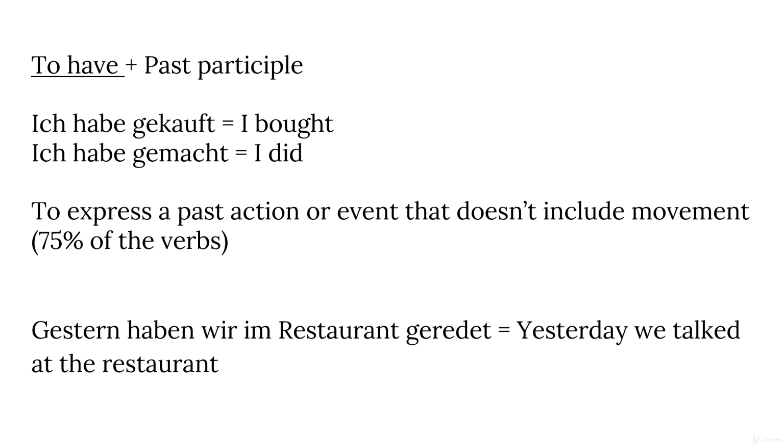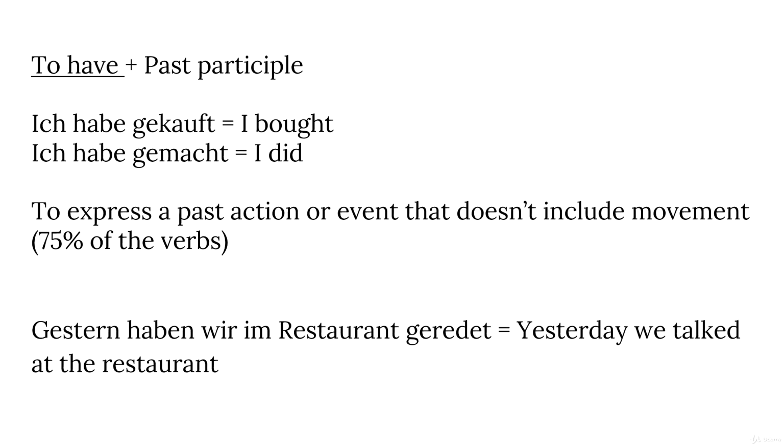Let's see an example. If you want to say, I bought, in German, you would say, ich habe gekauft. Let's go through it. To buy something isn't necessarily a verb where you move a lot, right? Therefore, you use the verb haben.